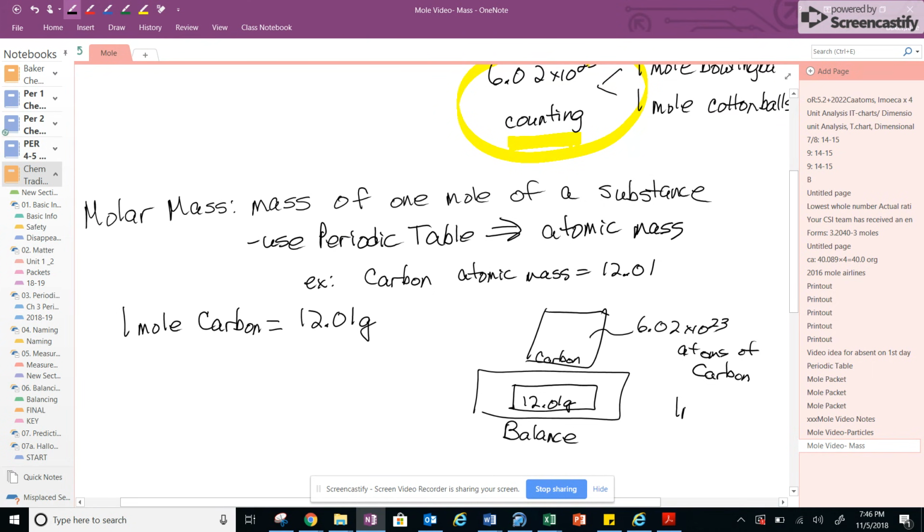Because remember, 1 mole, I don't care what I have, I know I have 6.02 times 10 to the 23rd of that something. We could do that for any element on the periodic table, because the atomic mass tells me the mass.